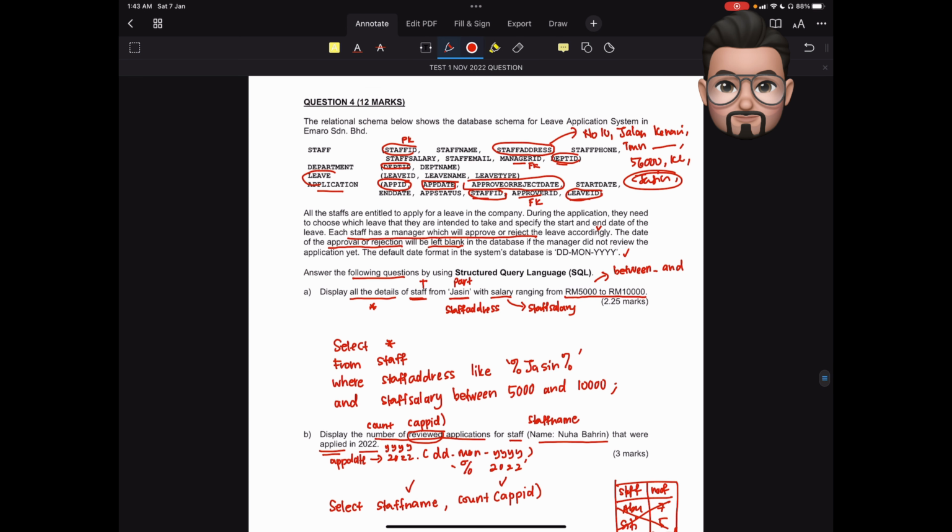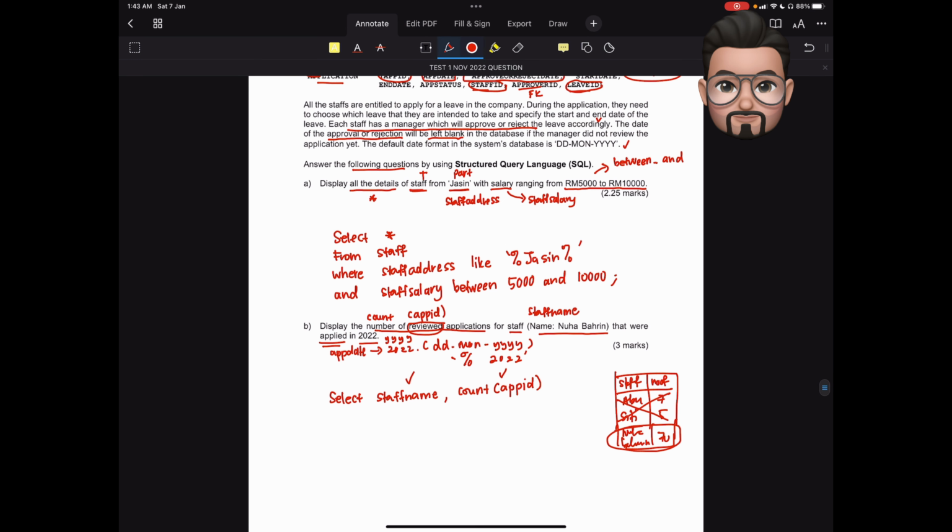So right now we want to make sure it is reviewed. So what is it by reviewed over there? The approve or reject date is not null. Okay, if it's not null, what does it mean? It has been reviewed.